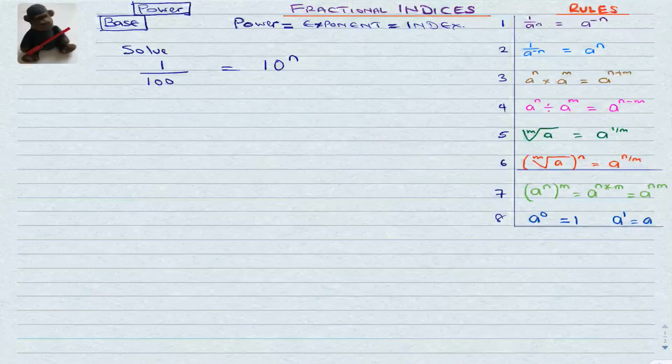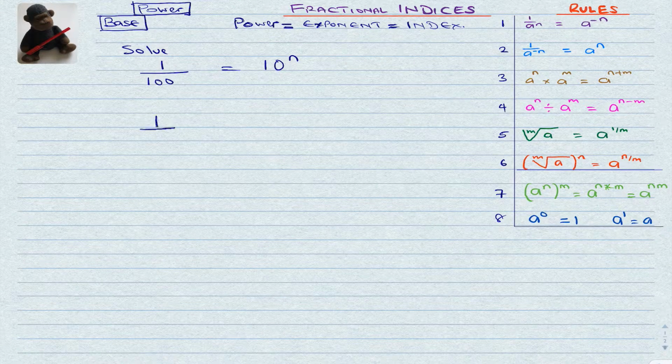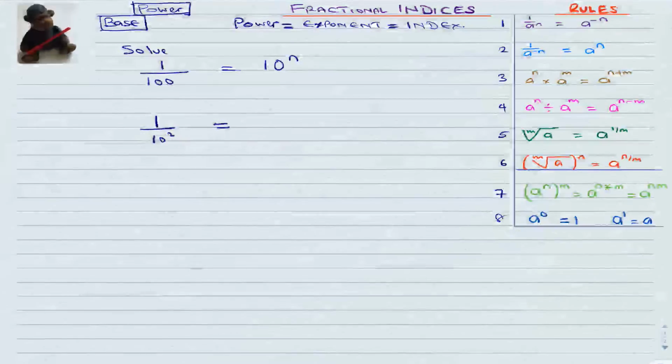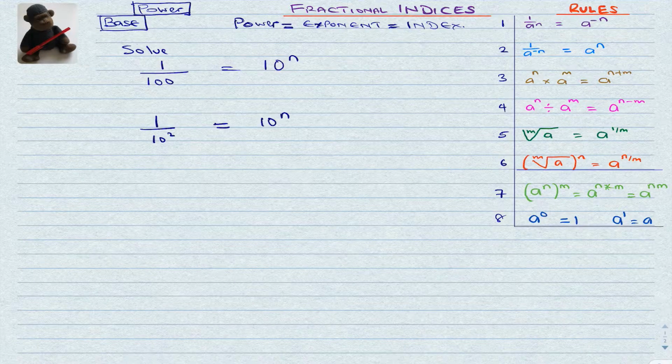In this case, I have 1 over 100. The best thing to do is basically 1 over 100 is 10 to the power of 2, and I'm going to make them the same kind of base. So 10 to the power of 2 equals 10 to the power of n in this case.